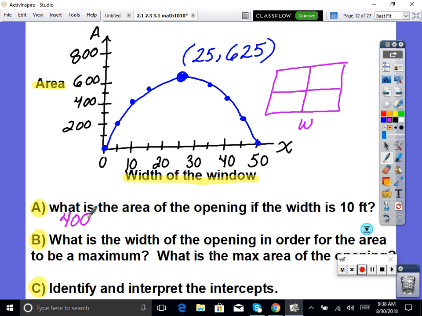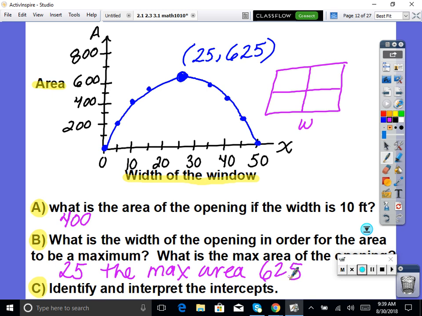This is the highest area, true? So what would the width of the opening be? 25, right? Look, x, y, it gives you a hint. And then it says, what is the max area? So at 25, the max area is 625.